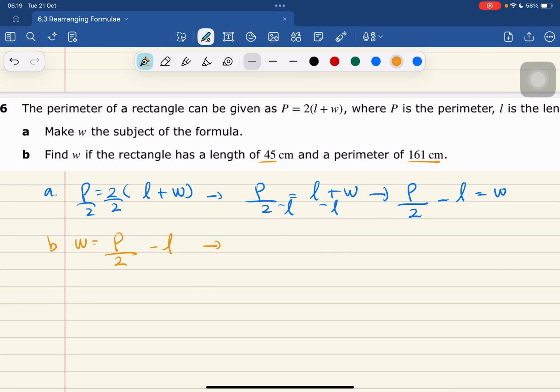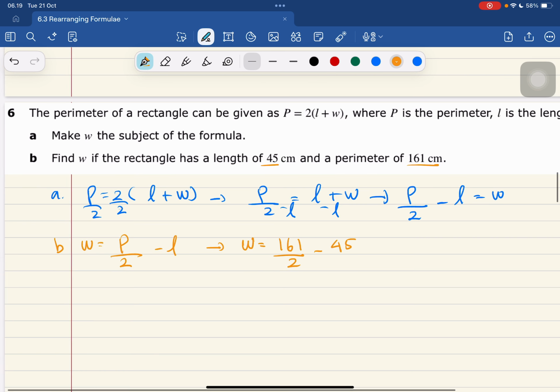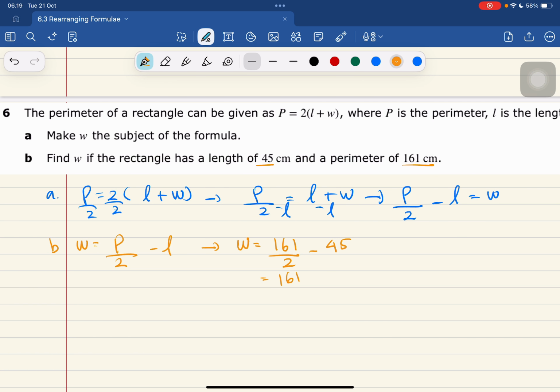So this is W equal to 161 over 2 minus 45. So this is 161 over 2. Here, let us make it over 2. So this is going to be 90.